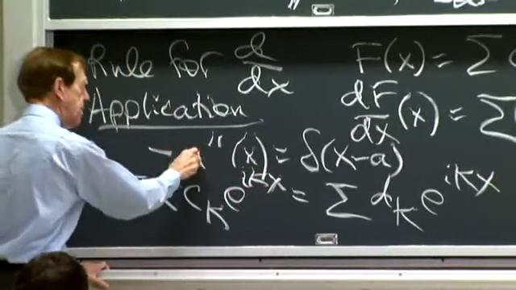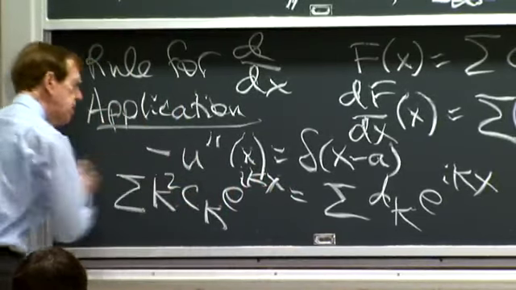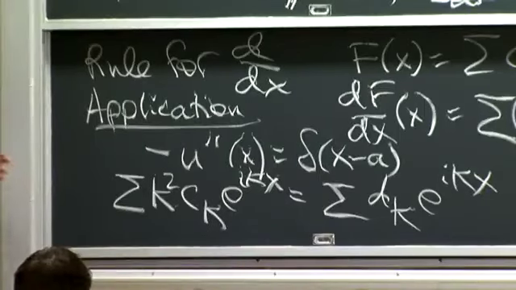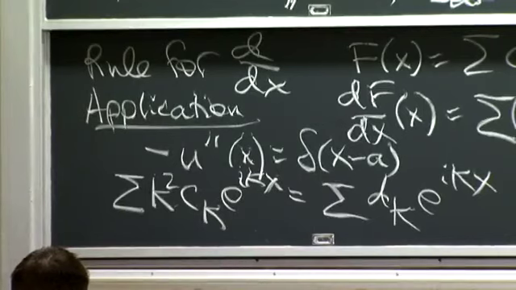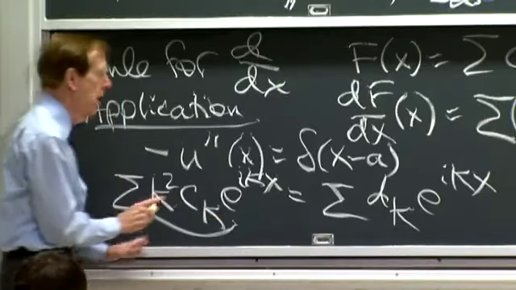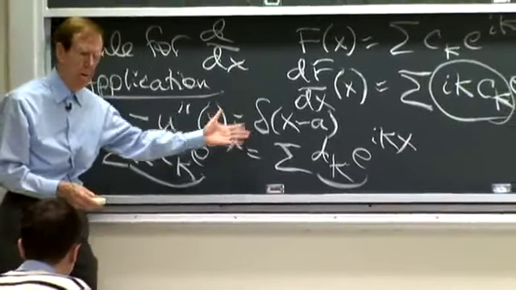This is if u itself has coefficients ck, then minus u double prime has these coefficients. So how would we use that? It's going to be easy. We'll just match terms, right? I can see what my formula is, what ck should be if I know the dk. I'm given the right-hand side.